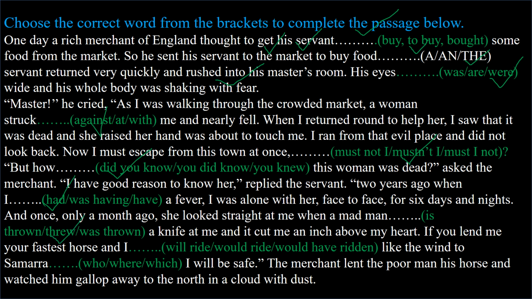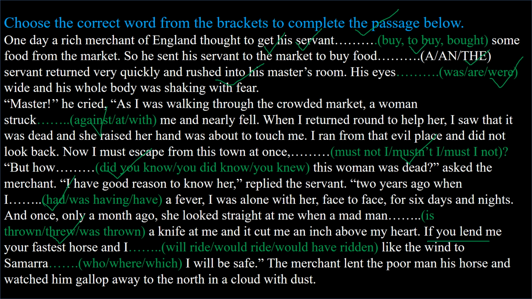She looked straight at me when a madman threw a knife at me and it caught me an inch above my heart. If you lend me, so if plus simple present tense here. So if there is if plus simple present tense, then in the main clause we should use shall or will.